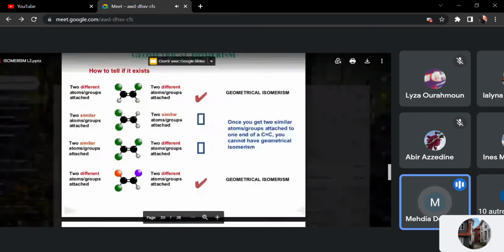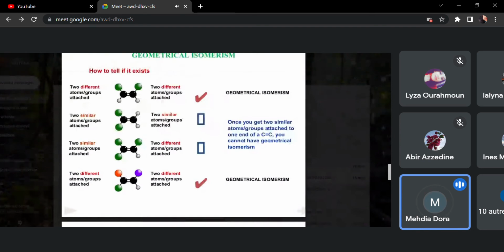So we have here examples about how to tell if geometrical isomerism exists. We have this case, and the other, the first one and the other one.